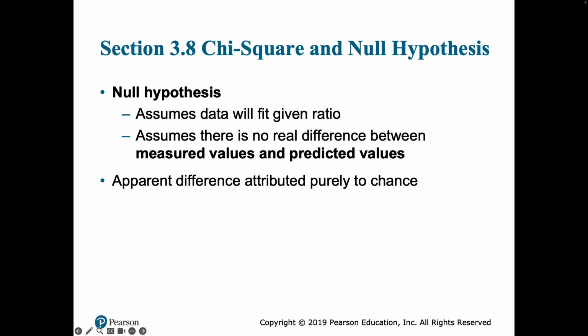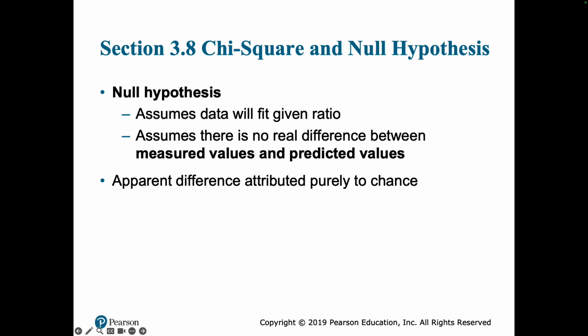When we're generating our hypotheses about an expected outcome, let's say we use our purple and white flowers, we create what's called a null hypothesis. We predict that if we cross 2 heterozygous plants that have purple flowers, we expect a ratio of 3-to-1, 3 purple to 1 white, as our predicted value.